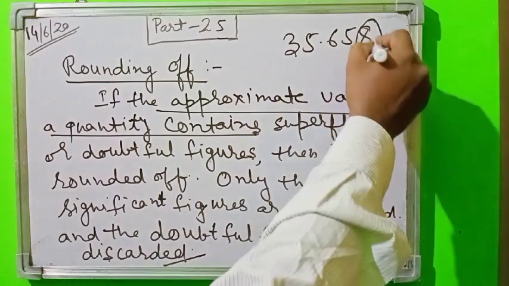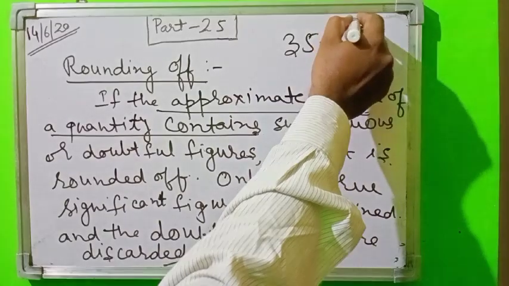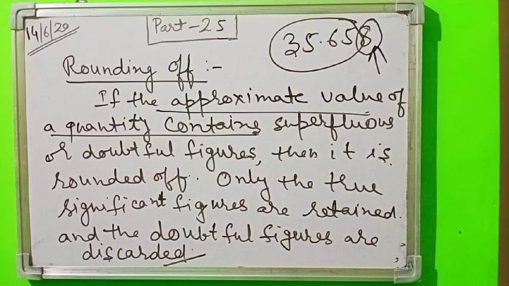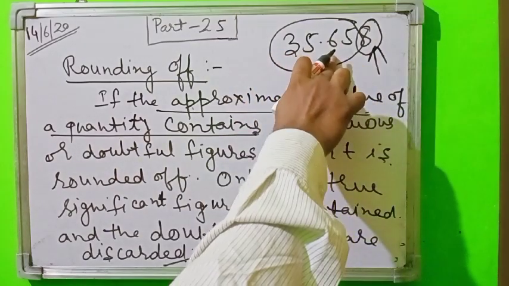Then this last one is discarded, and we have to close with only those figures which are significant. Only the significant figures remain in the measurement.